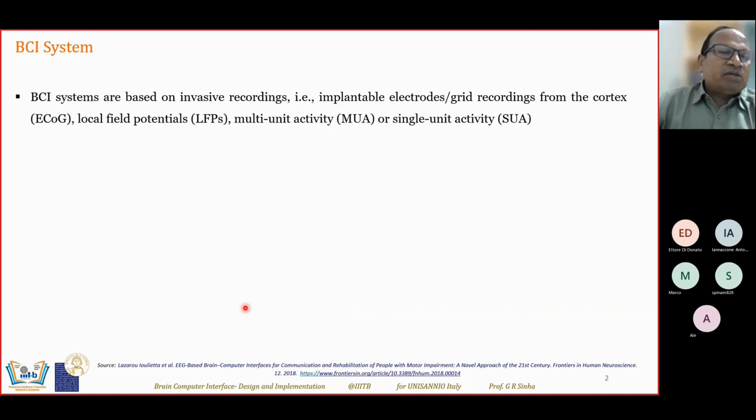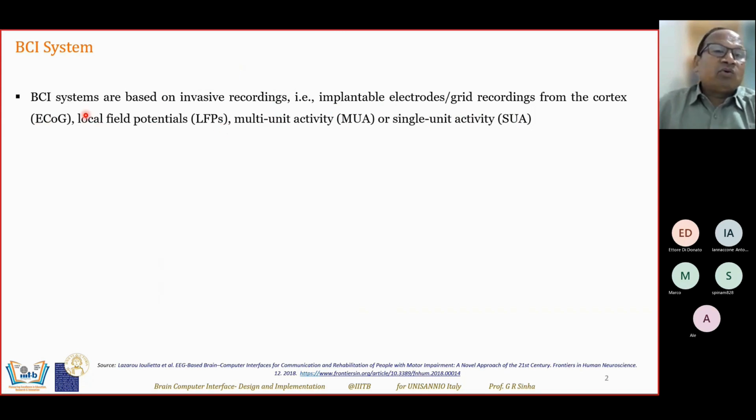So what do we understand by BCI system? BCI systems are, as you all know, either invasive or non-invasive systems. Most of the systems are based on invasive techniques, where the recording is done in an invasive manner, where what we do is implantable electrodes or grid recordings from the cortex, either as ECoG, electrocorticogram, and local field potentials.